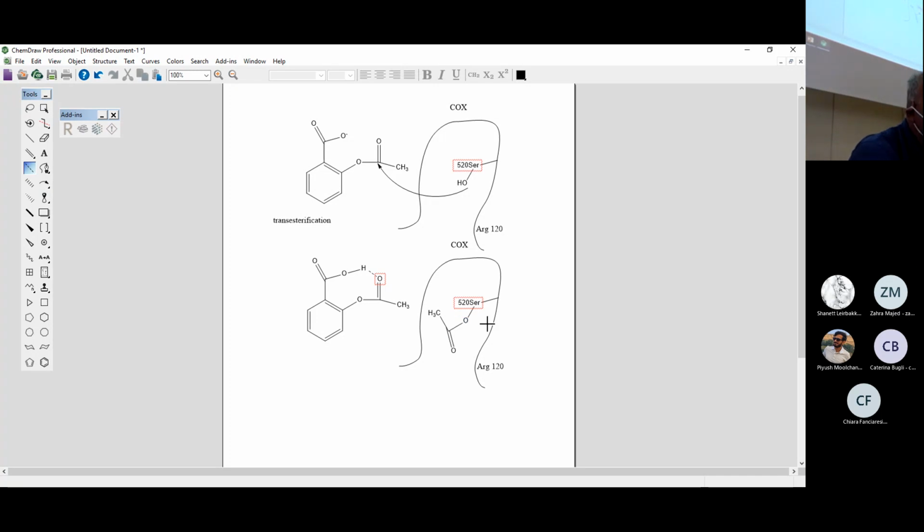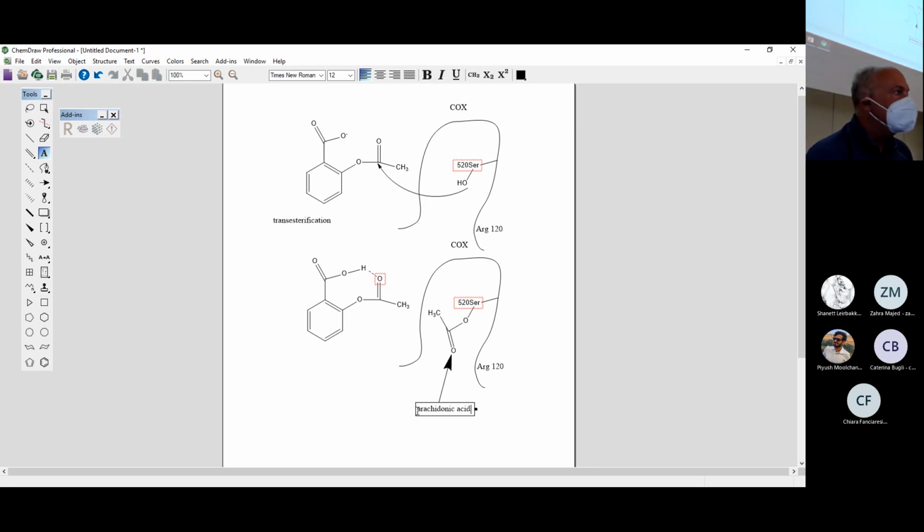esterification of the OH of this serine inside the tunnel. And so physically, this substituent is able to block the entrance of arachidonic acid inside the enzyme.